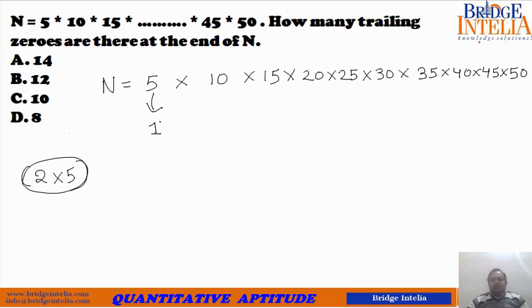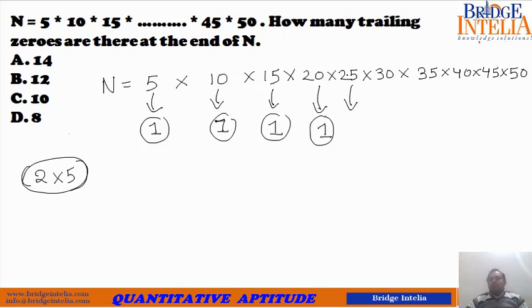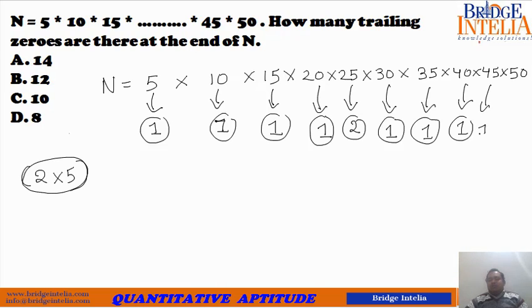From 5 you will get one power of 5. In 15, a 5 is hidden because 15 is a multiple of 5. In 20, 1 power is hidden. In 25, 2 powers are hidden because 25 is 5 square. From 30, only 1 power of 5, from 35, 1 power, from 40 again 1 power, from 45 also 1 power.